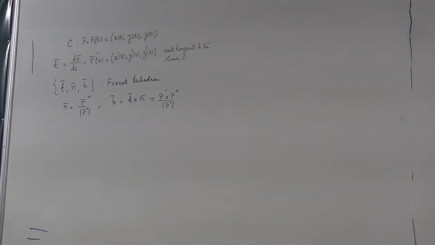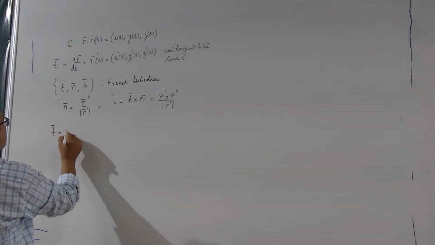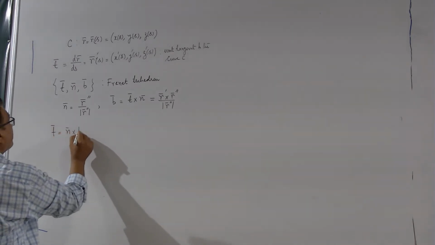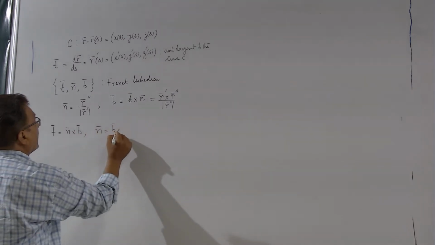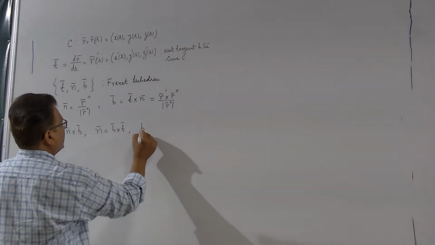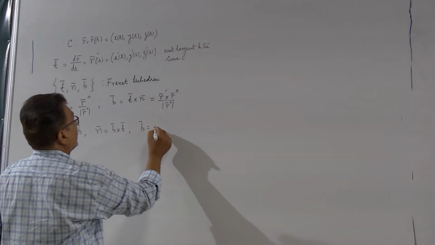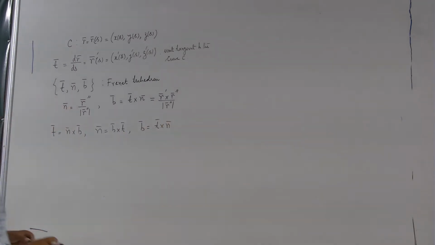And since they form a right handed system, we have T equal to N cross B, N equal to B cross T, and B we have already written is T cross N. And these 3 vectors in fact are moving vectors.